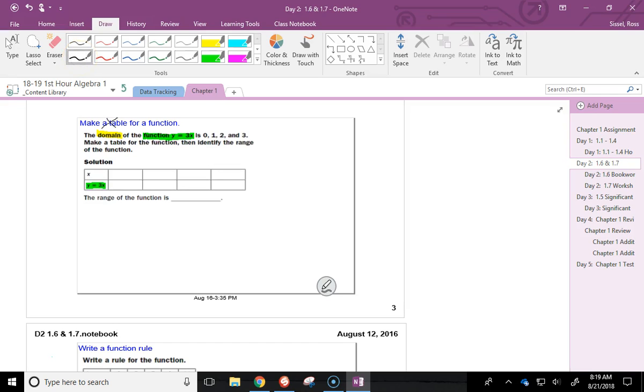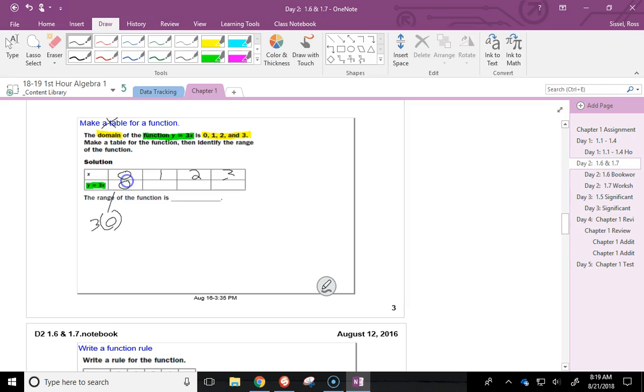Here they told me specific. They said the domain is 0, 1, 2, 3. I'm going to highlight that in yellow so it matches up with the domain. So I go to my table and I just go 0, 1, 2, and 3. That was my domain. Then I have to go to my range. To find the first one, if 0 went in, here's the function right down here. So I do 3 times 0, which is 0.